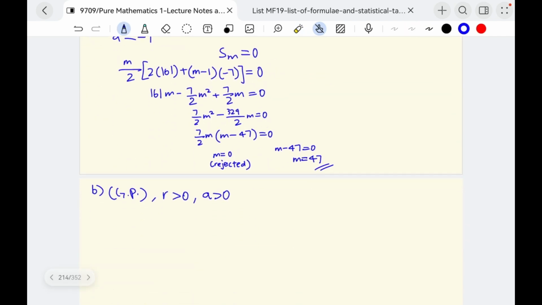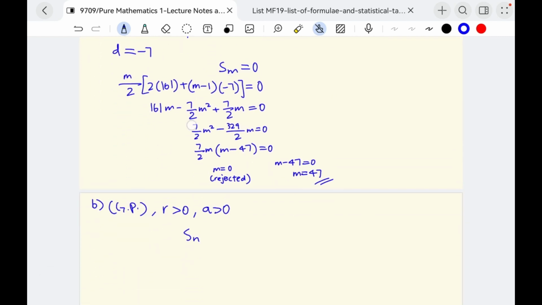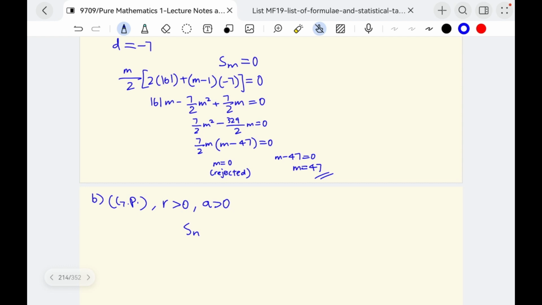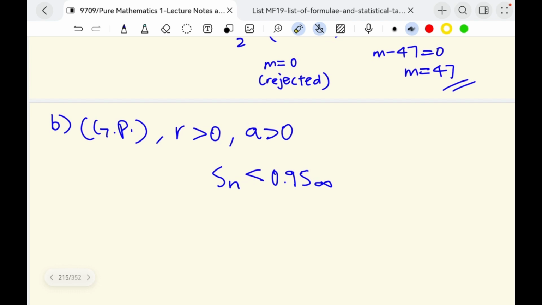So given that Sn is less than 90% of the sum to infinity, put the less-than inequality sign and 0.9, since it is 90% of the sum to infinity. So use the formulas of Sn and S infinity simultaneously for this question. Okay?